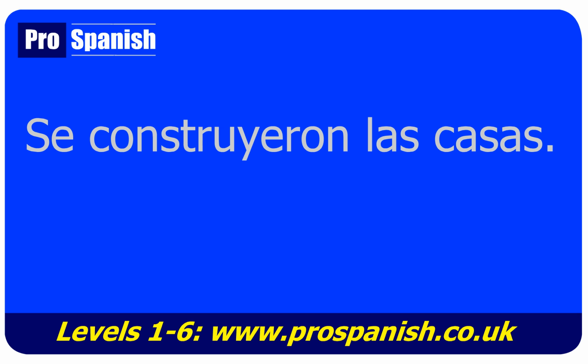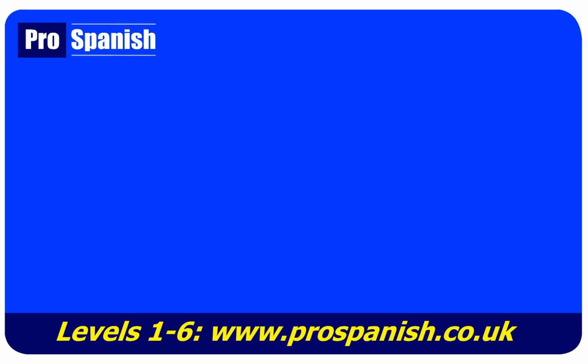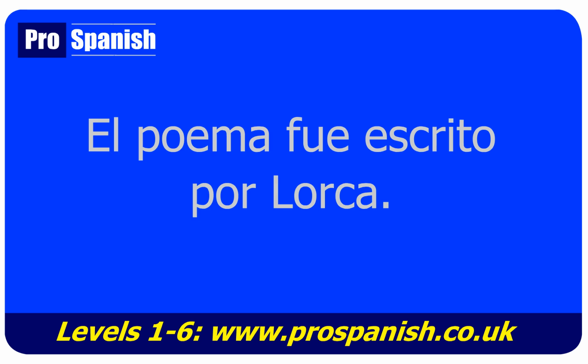But we also learnt that when we need to say who it was done by, then we need the passive, which is a much closer construction to what we're used to in English. So, el poema fue escrito por Lorca.